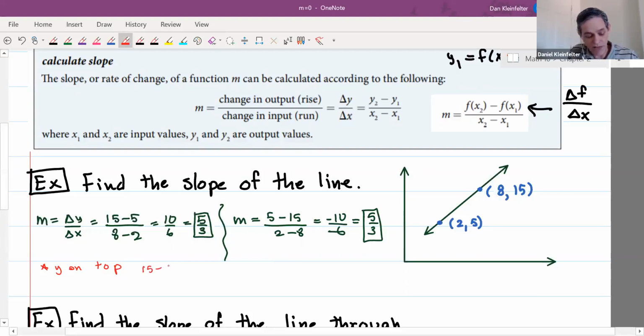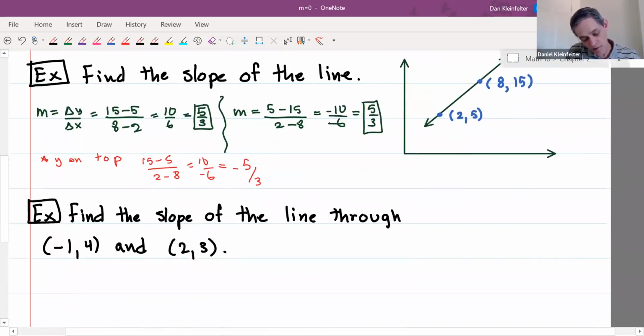So if you had 15 minus 5 divided by 2 minus 8, getting negative 5/3. Here if you take a look at it, the subtraction was done backwards or inconsistently. One of them was left to right and one of them was right to left. Of course here, negative 5/3 couldn't be the slope of this line segment because just looking at it, it looks like it should have a positive slope, right?